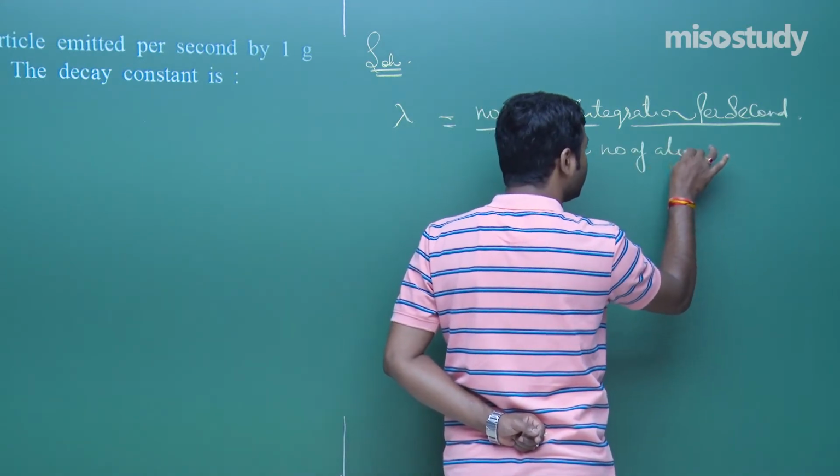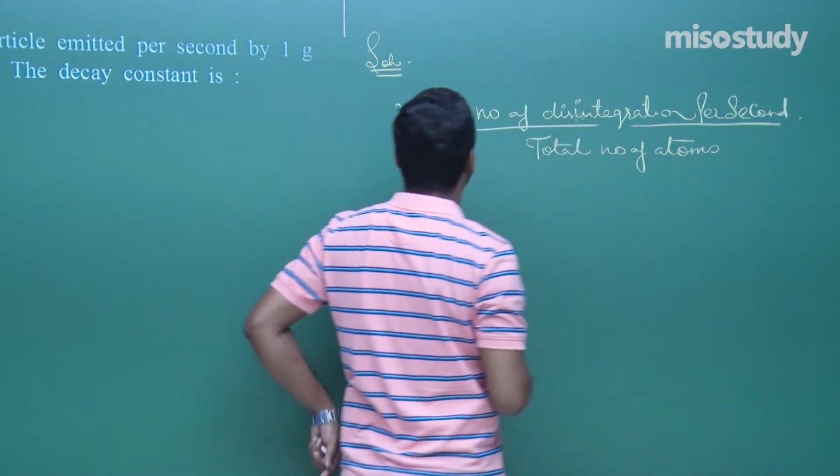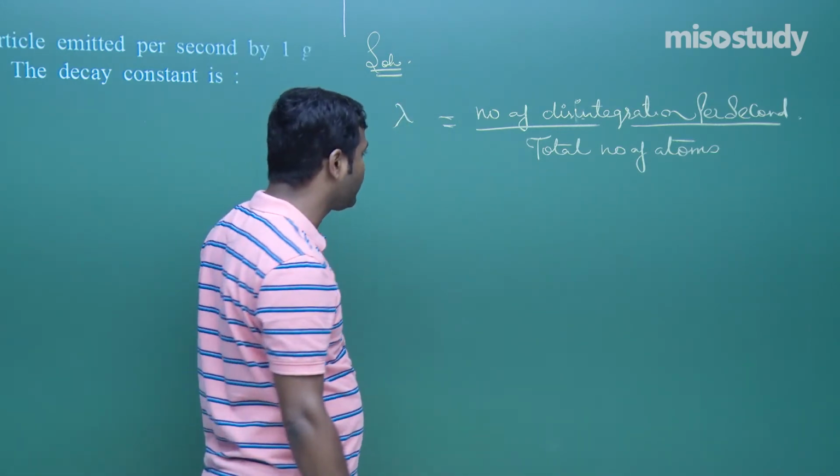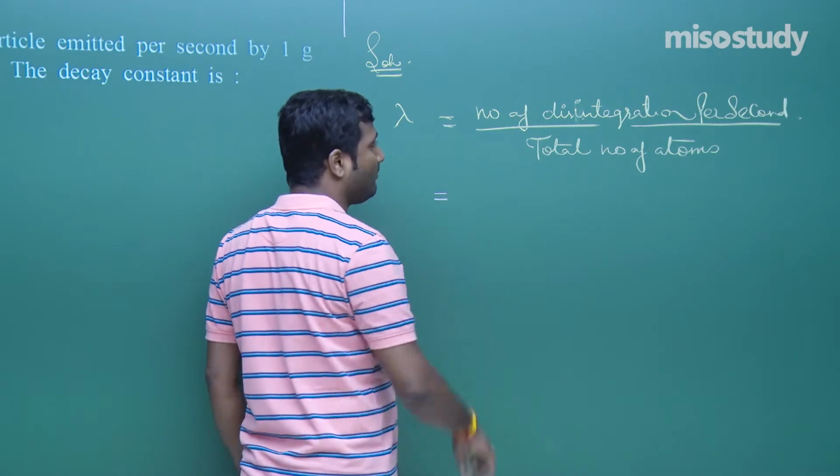Am I right? Yes sir. That is, lambda equals the number of disintegrations per second divided by the total number of atoms.